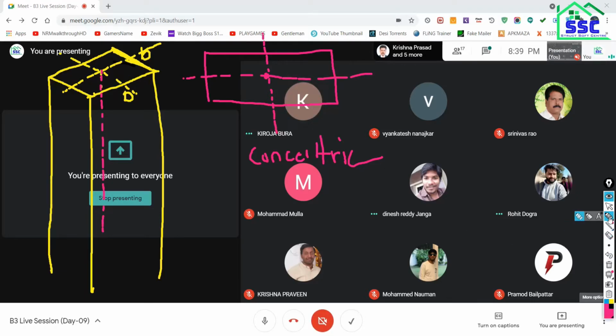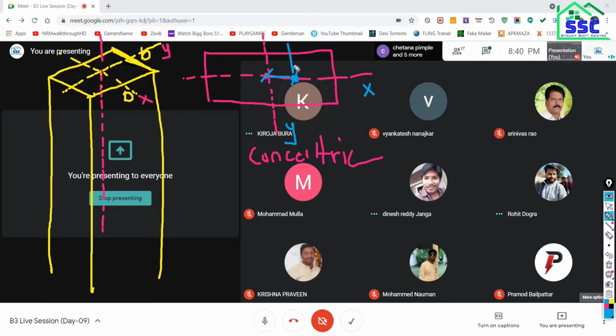Now the second type of column is what? In that situation, your force is not going to act at the center or the CG of the column. This force is going to act on an axis, either x or y. Suppose I consider the load acting on the x axis. This is x, let's say this is y. So the force is going to act here, and some eccentricity will be developed.